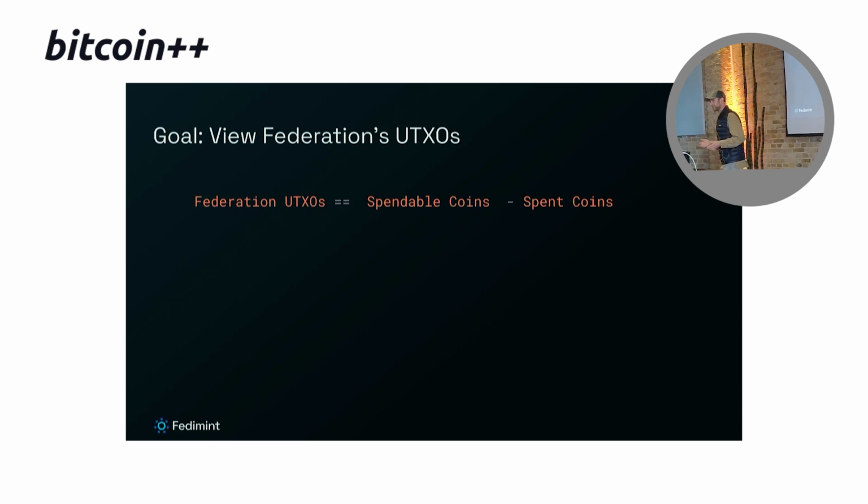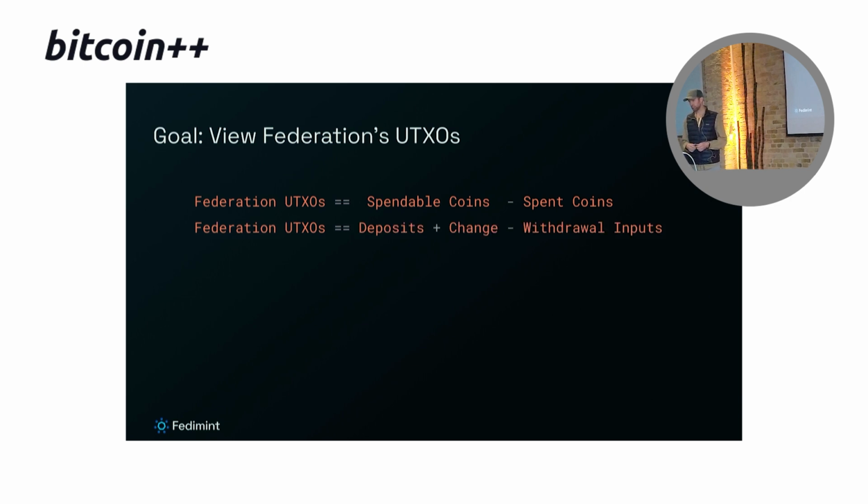Let's see if we can construct a view of this federation's UTXOs. So a UTXO is an unspent transaction output. And this is kind of funky, but one way of thinking of UTXOs for a wallet is if you look through history and see all of the coins that were at one point spendable, and you subtract all the coins that have been spent, you're left with unspent coins.